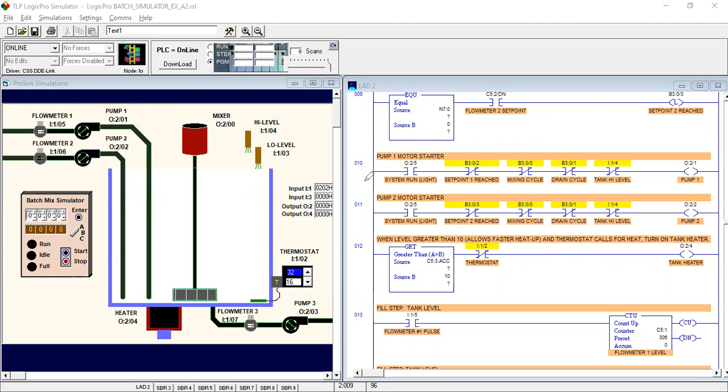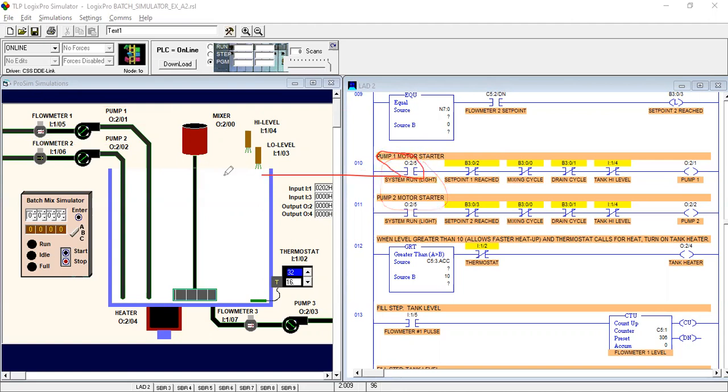So in the 10th rung, we first connect our system run light. Our system run light is this one.